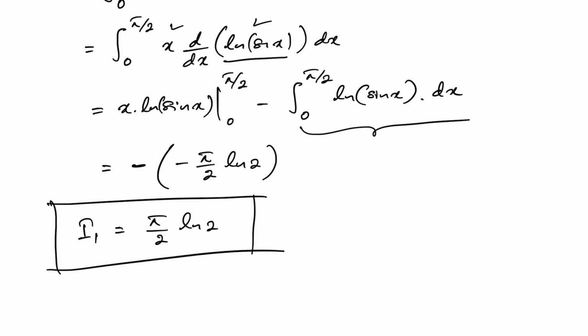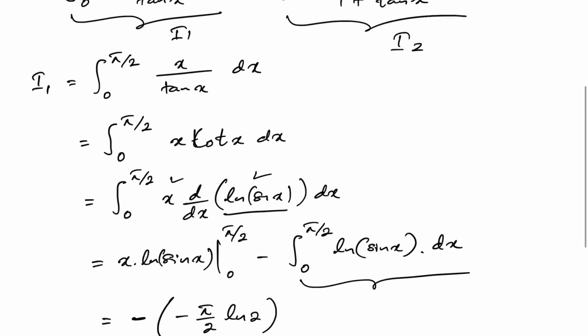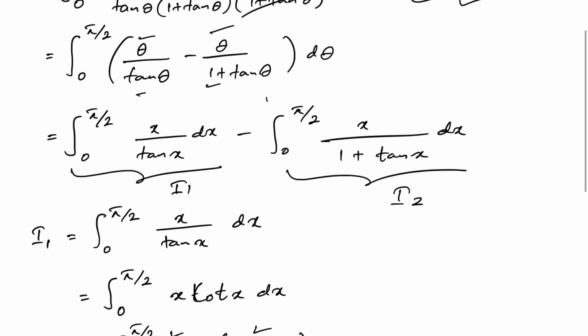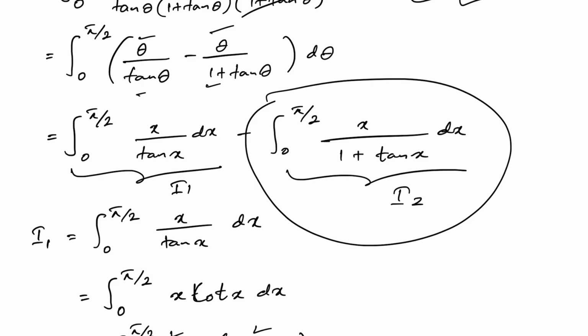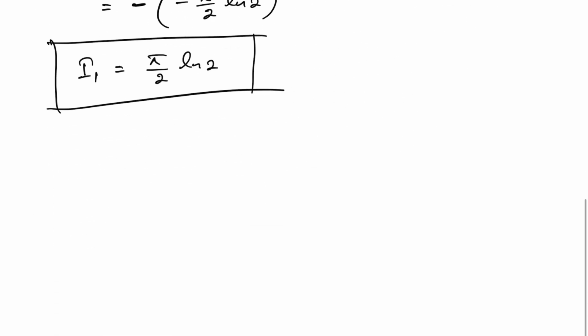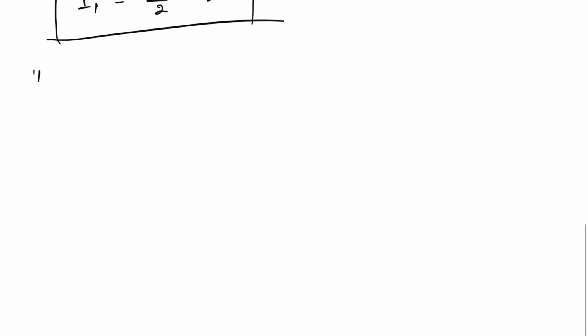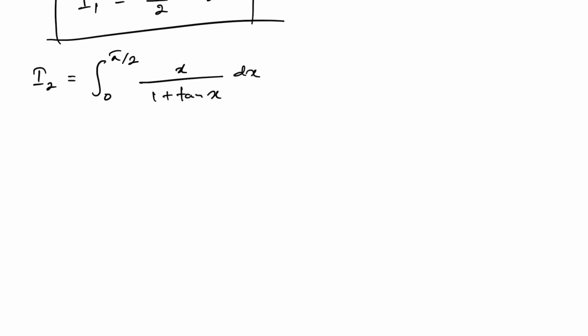Okay, now I1 is pi over 2 natural log of 2. Then we are going to solve the second integral, I2. So I2 is equal to the integral from 0 to pi over 2 of x over 1 plus tan of x dx. Okay, how to solve this one? How to begin?